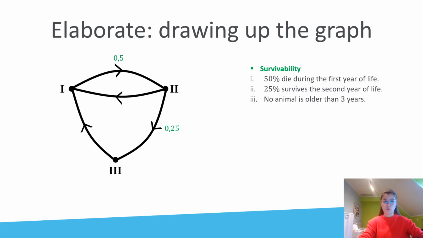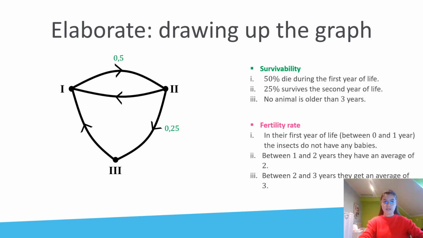No animal is older than 3 years. This means that our graph stops at age category 3. Now we look at the fertility rates. In the first year of life, the insects do not have any babies. So we don't have to draw a loop that goes from 1 to 1. Between 1 and 2 years, they have an average of 2 babies.